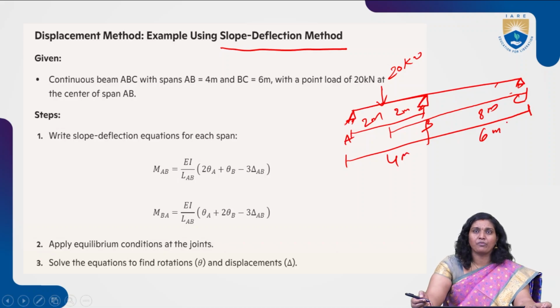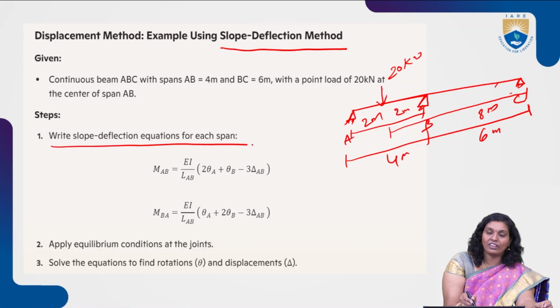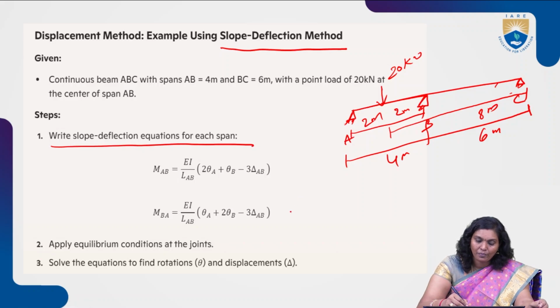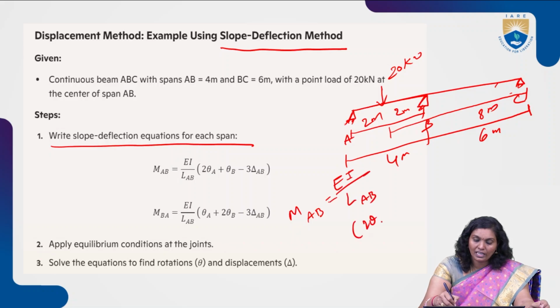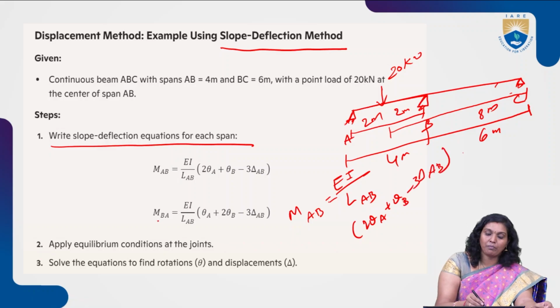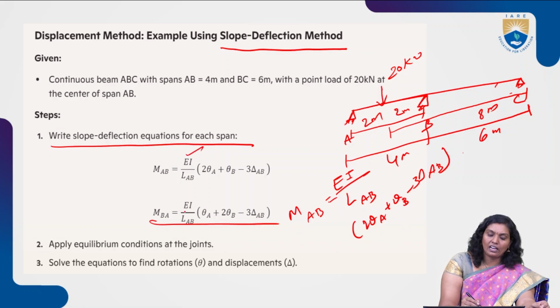For the continuous beam, we write the slope deflection equations of each span. So M_AB is equal to EI by L_AB times 2 theta A plus theta B minus 3 delta AB. Similarly for BA. So we are going to write this with the modulus of elasticity and the length, all these things we are going to consider.